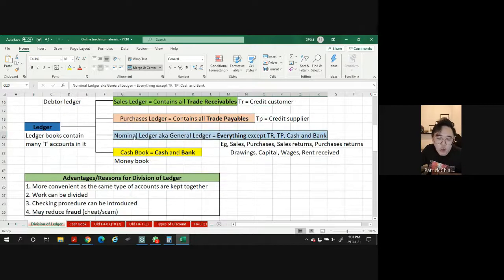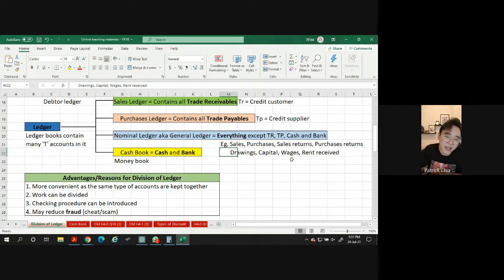Then we have the nominal ledger. Nominal ledger is another word for general ledger. This is the thickest book, so they have to buy a lot of nominal ledger, because all the other T accounts are inside the nominal, which is the general. When I say all, you can find your sales, purchases, sales return, purchase return, drawings, capital, wages, and a lot more.